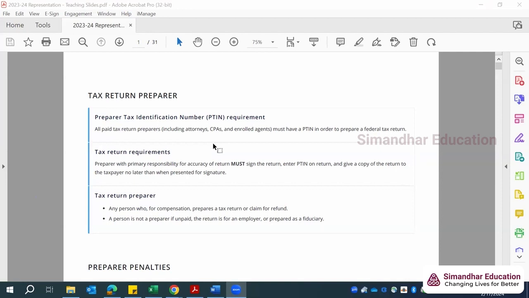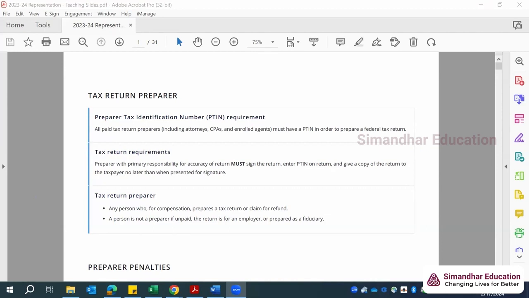preparer's penalties. Now, once we are aware of who is a practitioner or who is a preparer, we should also know who is not considered a tax return preparer. And this is equally important. So let's say that you hire an intern who is just replicating the data that you have in the book in the software.